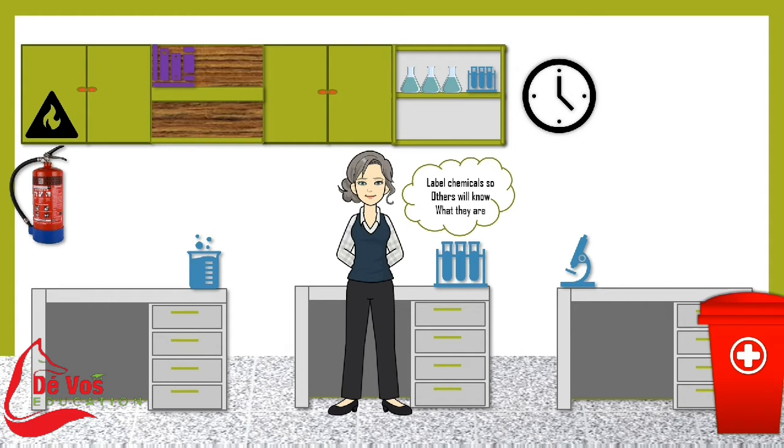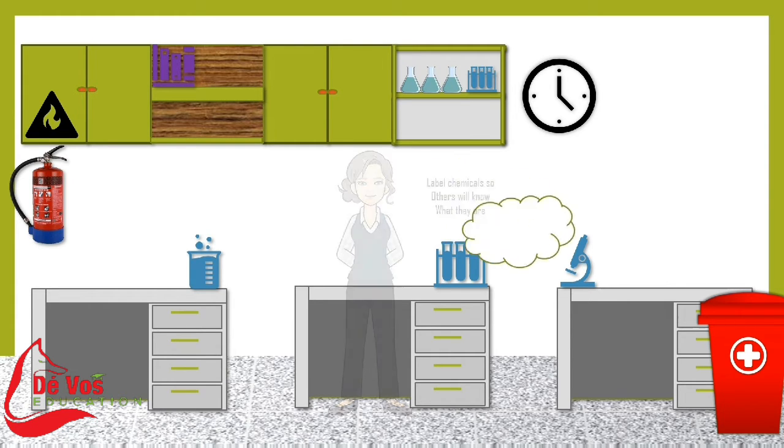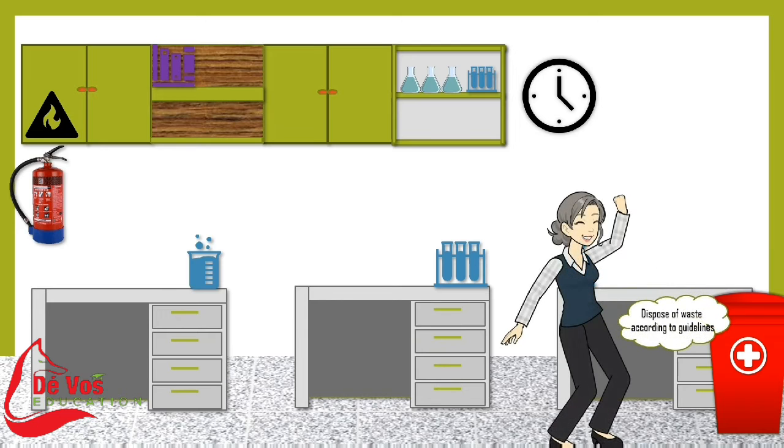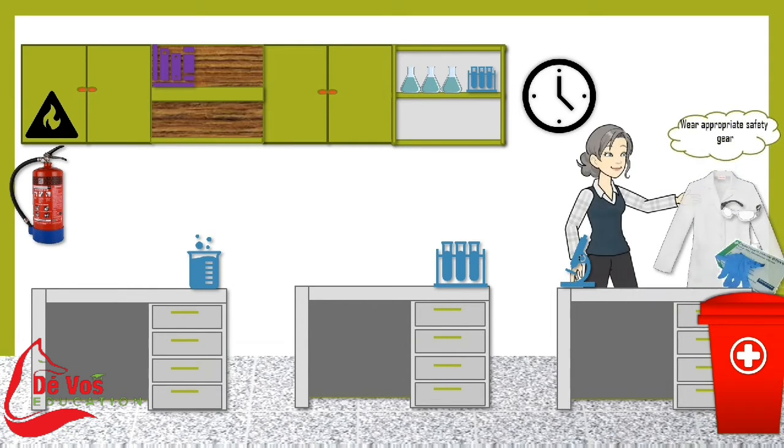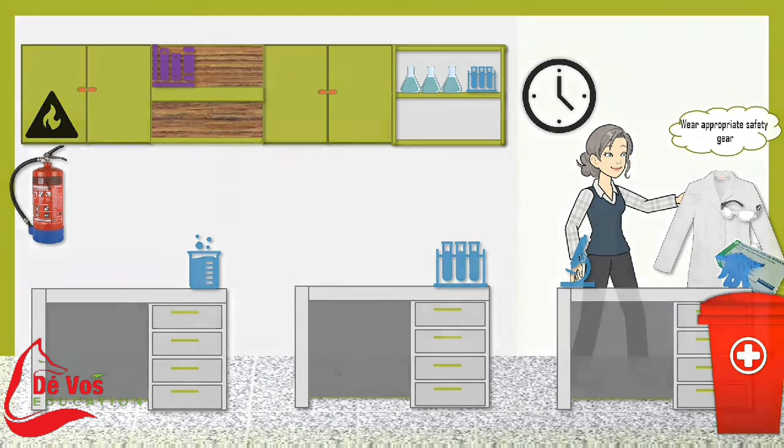Clearly label all the chemicals that you are using so that other people will know what is in your glass tubes. Dispose of all chemical waste according to the correct guidelines. And for your own protection, always wear safety gear such as a lab coat, safety goggles, and gloves.